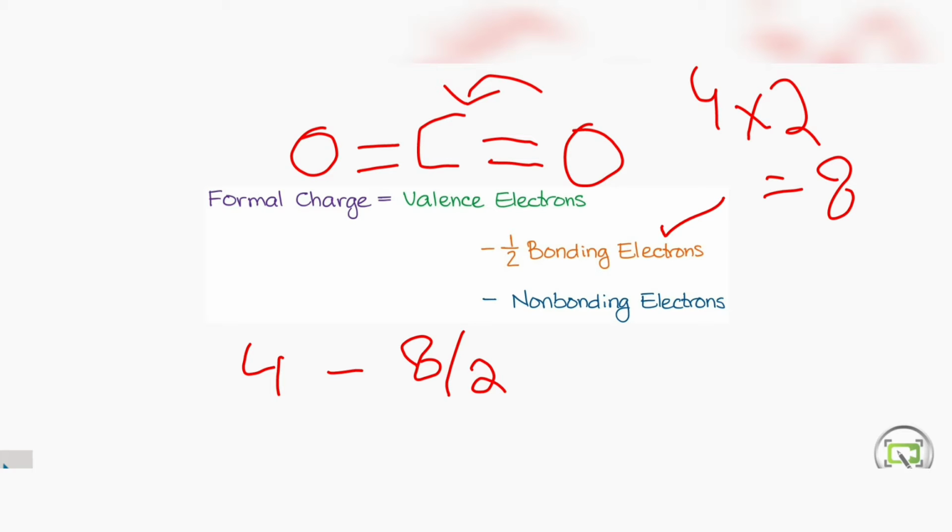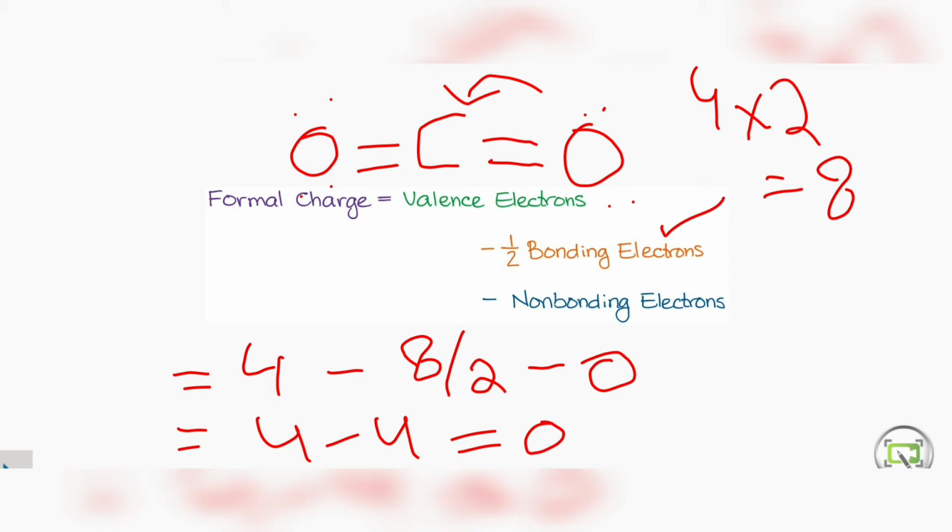Next, non-bonding electrons of carbon. You do not have to look at the oxygens; we have to see only the carbon. We can separately count the formal charges of each element in the molecule. So here non-bonding electrons are 0. So what you have to do is 4 minus 4 is equal to 0.